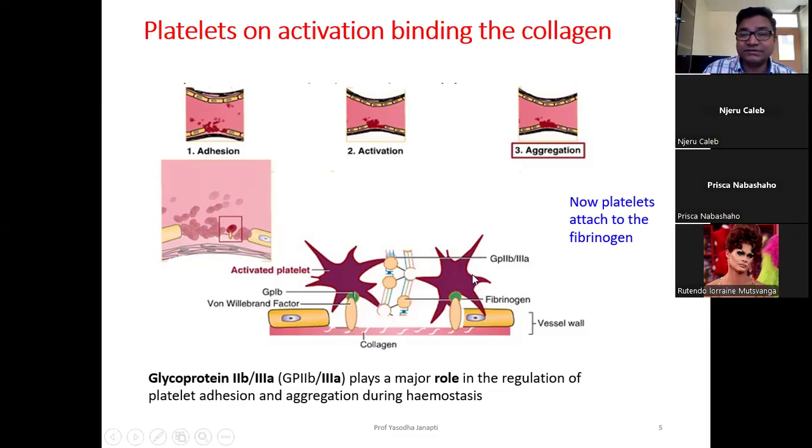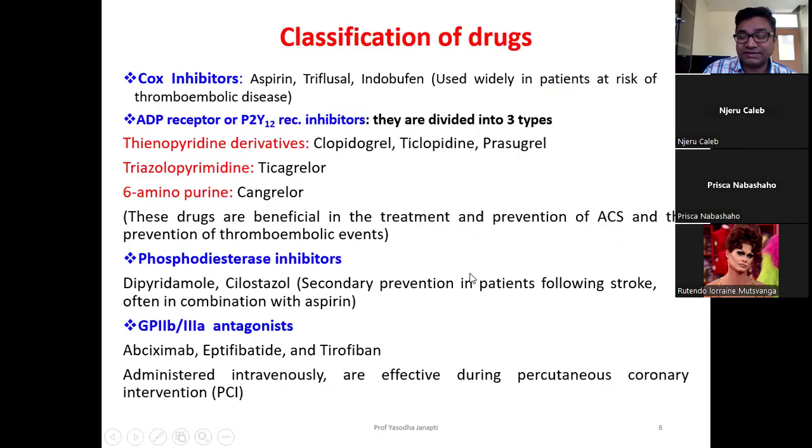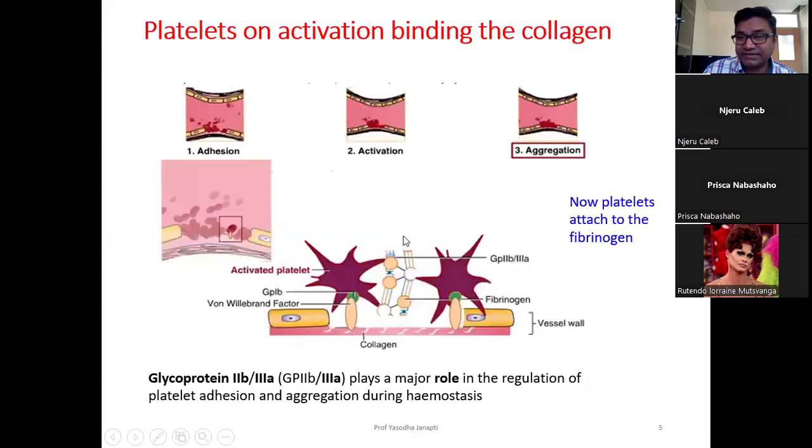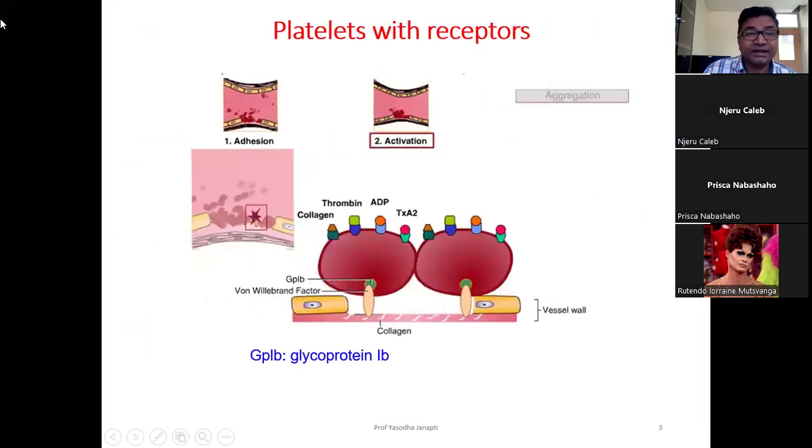So our drugs, you can see the drugs. They are blocking COX, cyclooxygenase. When they block COX, it blocks the activity of this factor.